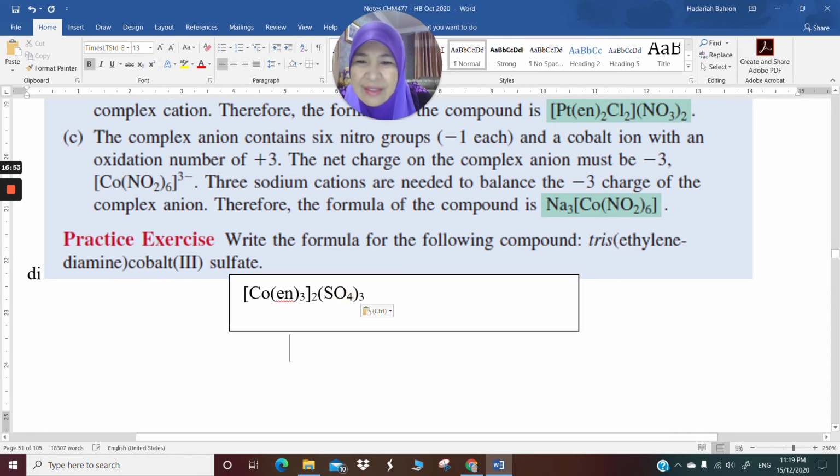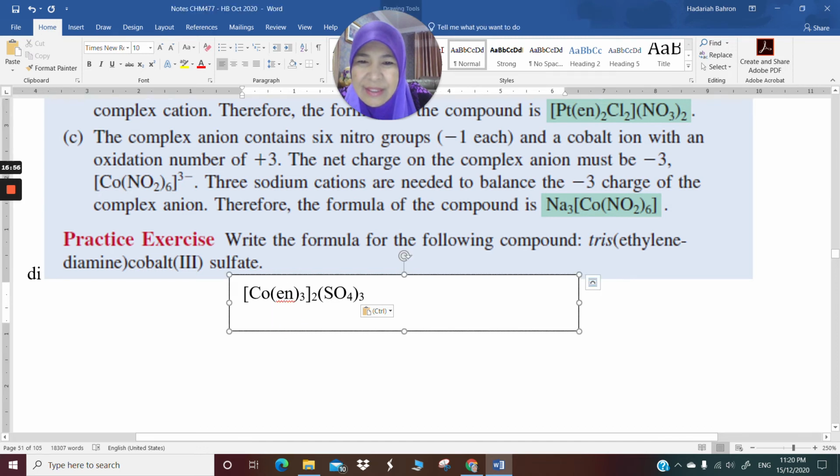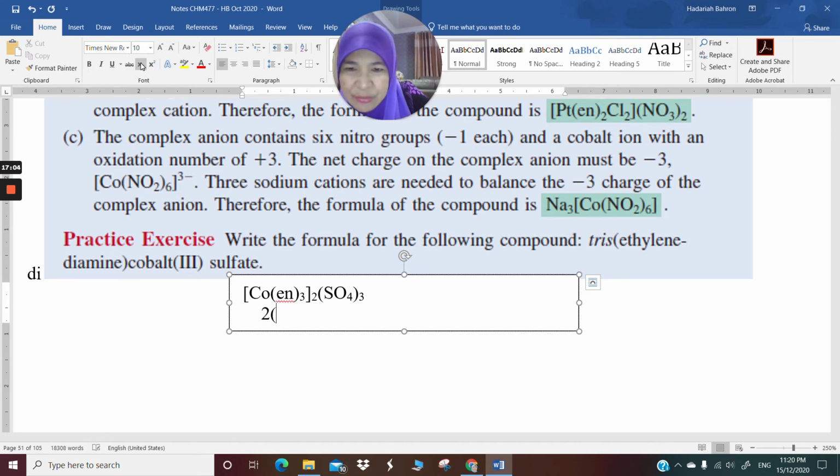So this thing here at the bottom, if you want to see the charges, this is the charge of 2 times plus 3, and this one here for the sulfate 3 times minus 2. It must be equal to 0.